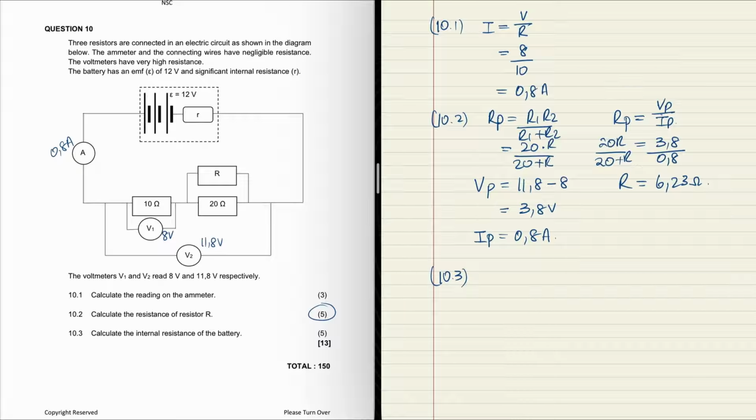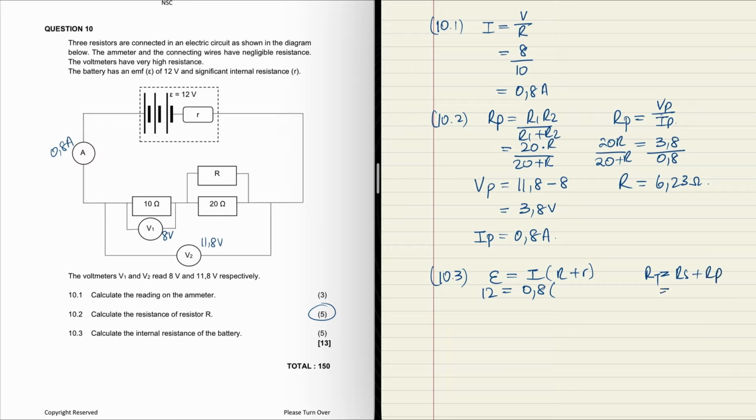Let's look at 10.3. Calculate the internal resistance of the battery. So we can use the formula EMF is equal to I into big R plus small r. The EMF is 12. Total current is 0.8. Total resistance can be calculated. The total resistance is going to be whatever is in series plus the resistance in parallel.